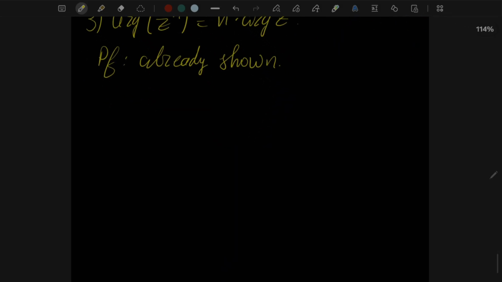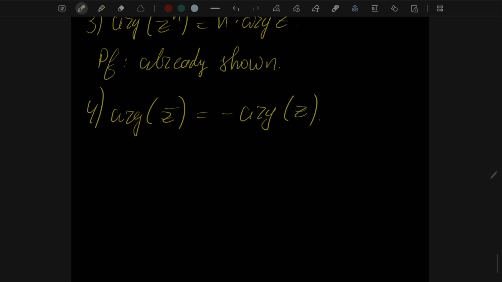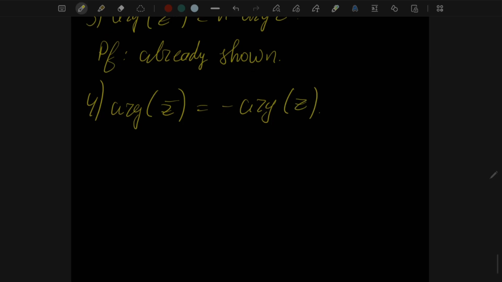And now let's move on to the fourth property, which is the argument of z conjugate is negative argument of z. And basically we have also already proven it geometrically by construction. So proof already shown.